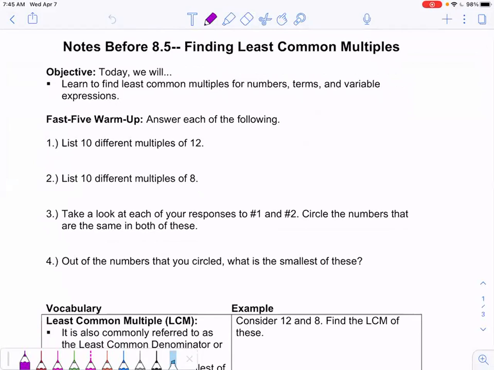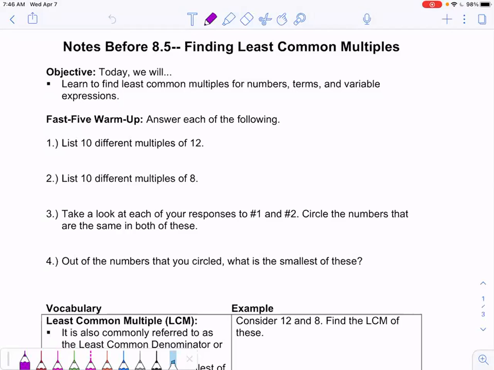In the warm up, list 10 different multiples of 12, and then list 10 different multiples of 8. Remember, a multiple is counting by that number. So multiples of 3 would be 3, 6, 9, 12, 15, 18. So see if you can get 10 multiples of 12, 10 multiples of 8, and then try and answer questions 3 and 4 as well.